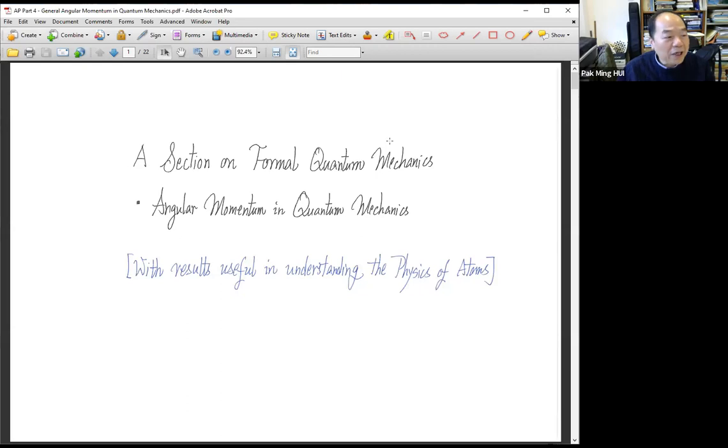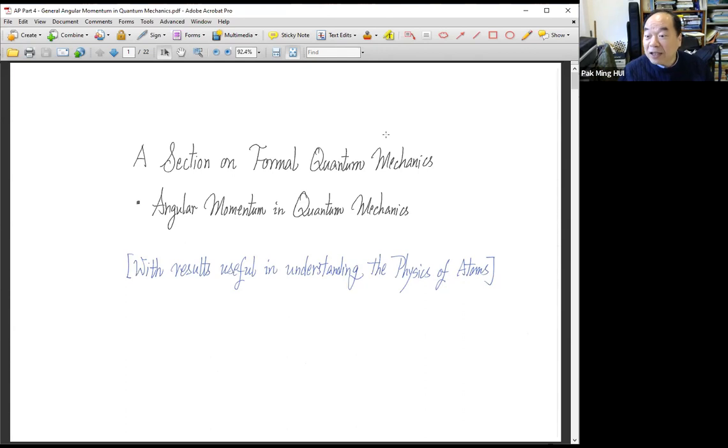So that is not a section only for atomic physics. It is a big topic in formal quantum mechanics. It is under the topic of angular momentum in quantum mechanics. Realize that I'm just talking about angular momentum, there's no word in front of it. Therefore, what we are going to discuss should work for, say, orbital angular momentum, spin angular momentum, total angular momentum.